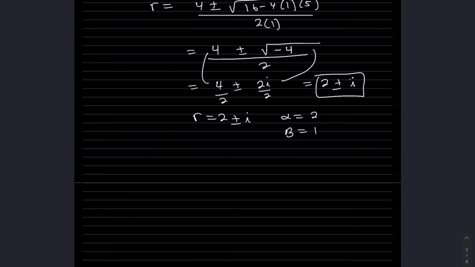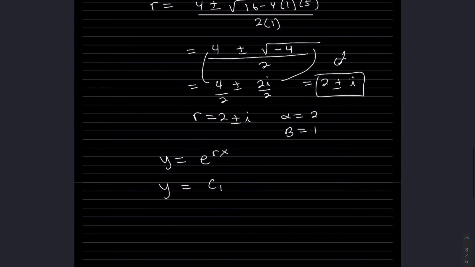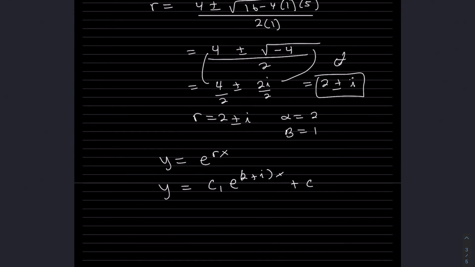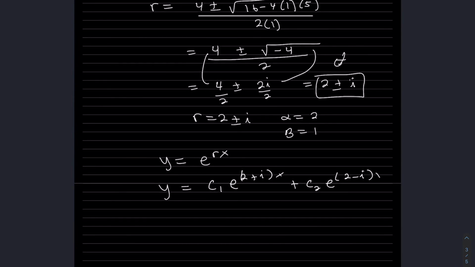You have sine and cosine, but don't forget, if you have an alpha, you have e. So that's my r. My solution is e to the rx. So y equals c1 e to the (2 plus i)x plus c2 e to the (2 minus i)x.